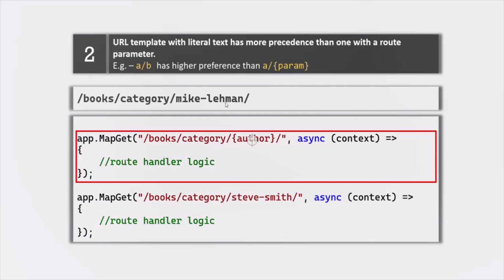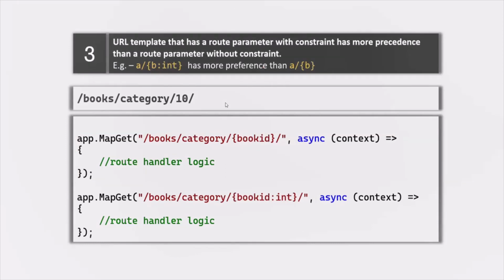Then the third rule is that a URL template that has a route parameter with a constraint has more precedence than a route parameter without a constraint. Here we have defined 2 routes. In the first route, the route pattern is /book/category/bookid, which is a route parameter. In the second route, we are also specifying /book/category/bookid, but on this route parameter, we are also specifying a constraint that this should be an integer value.